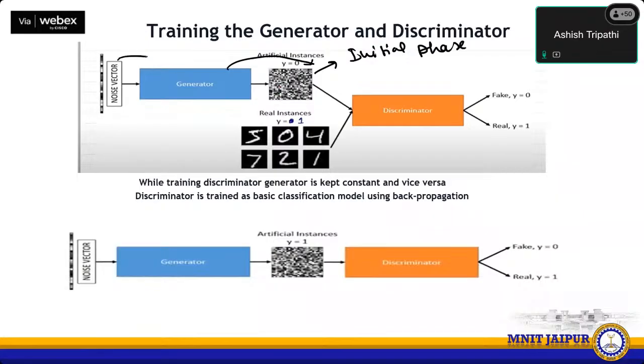Because the generator takes input from the random noise, capital Z, so it has started from pure noise. That's why it is generating images which are a little bit noisy. The discriminator can easily say that this is the fake one and this one is the real one, because this is quite a noisy image.